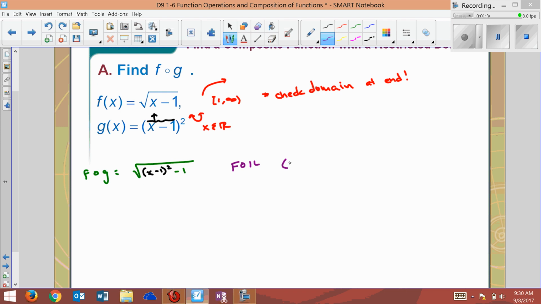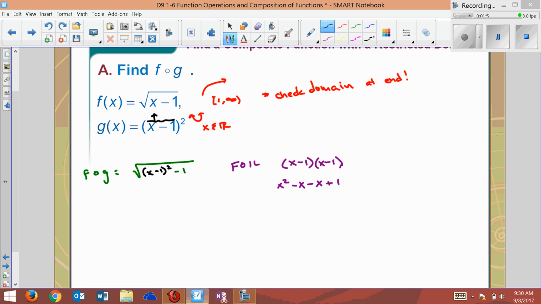So I have x minus 1 times x minus 1. And that, when I FOIL it out, would be x squared. That's first times first. Outside times outside is negative 1x, so I can just say negative x. And the inside times inside is negative 1x, so again, negative x. And then negative 1 times negative 1 is positive 1.